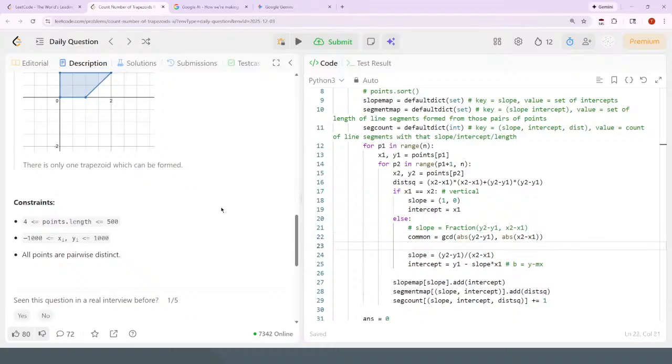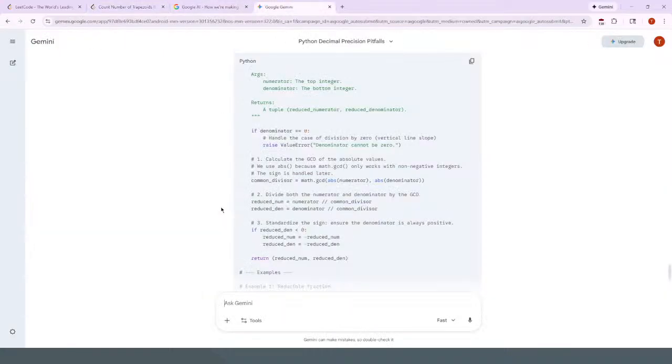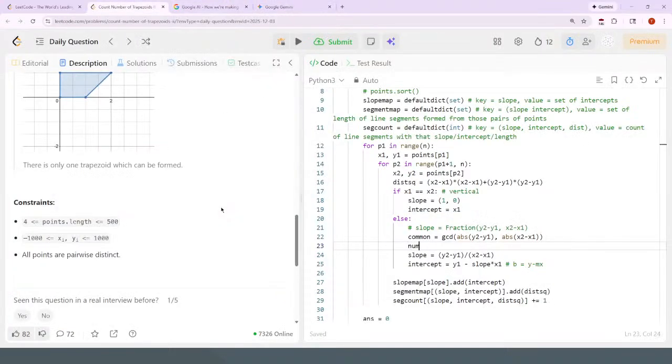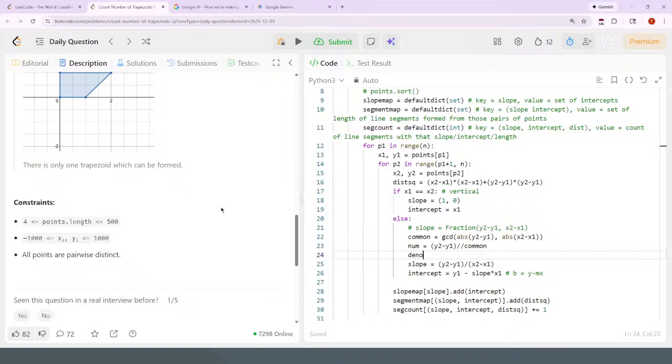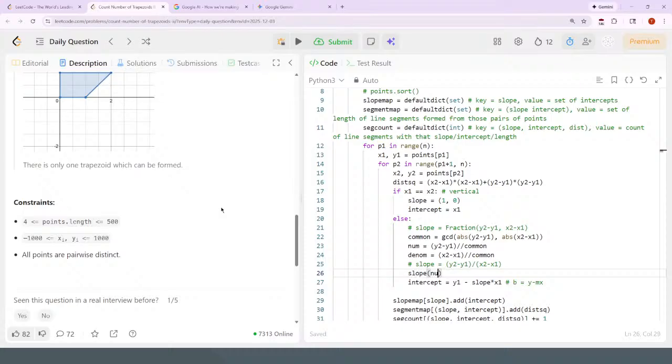And then the numerator is going to be y2 minus y1 divided by the common. Denominator is going to be x2 minus x1 divided by common. And then the slope would be a tuple that is the numerator and denominator.